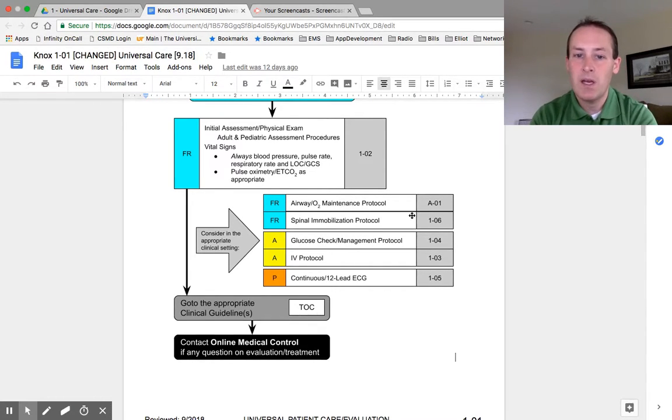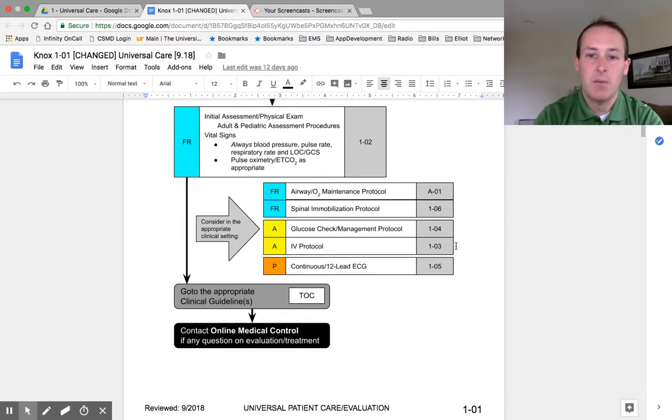And then 1-03 and 1-04, which are your IV protocol and your glucose check and glucose management protocol, do not necessarily have to be done on every single patient, but they should at least be considered in the back of your mind. And then finally, the continuous or 12-lead ECG guideline, which is 1-05.